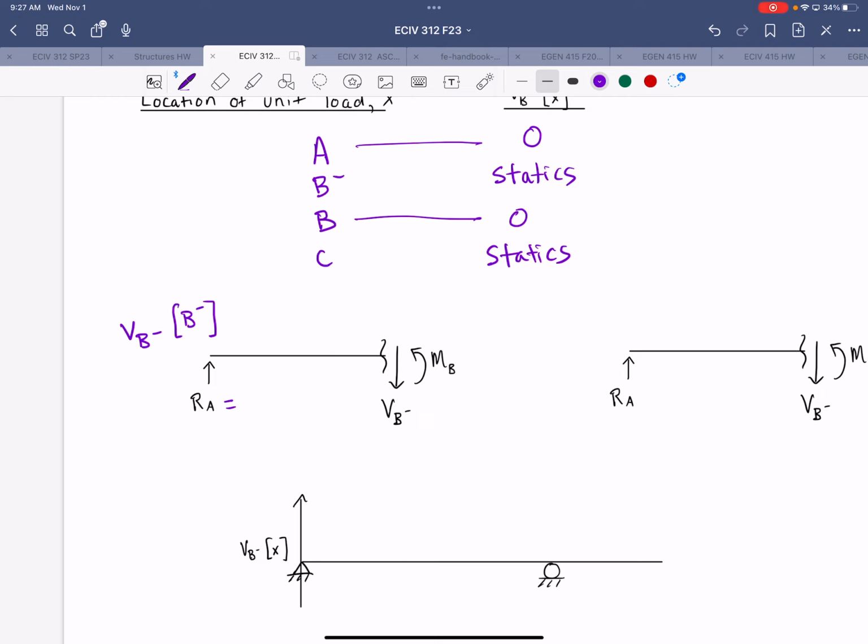That hairline difference is only relevant for shear. For reaction, the reaction at A is equal to 0. It's going to be the same as if the unit load is at B, okay? And so we'll use the reaction at A is 0 from the previous influence line.